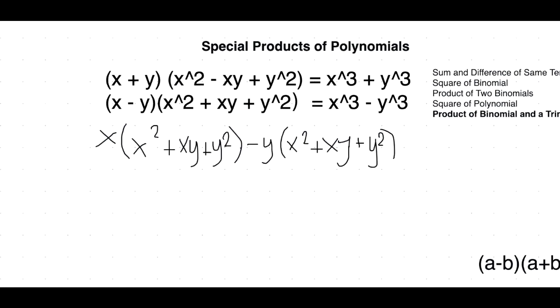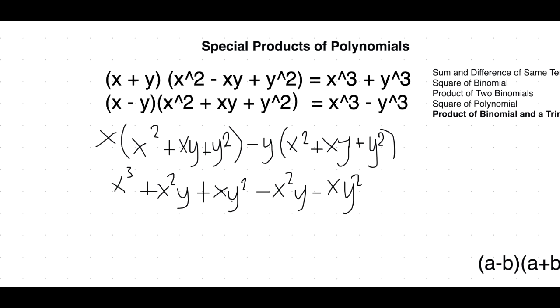So multiplying it all out again, we get x cubed plus x squared y plus xy squared minus x squared y, and then negative xy squared, because it's negative y times xy. Sorry for that. And then negative y times y squared, negative times positive, so it becomes negative y cubed.